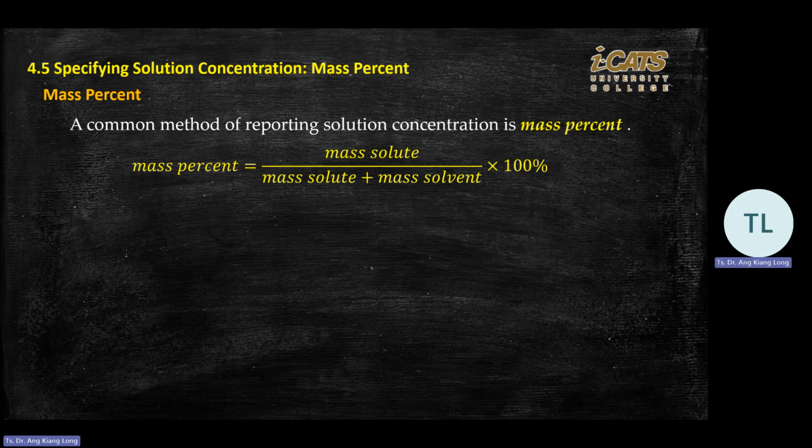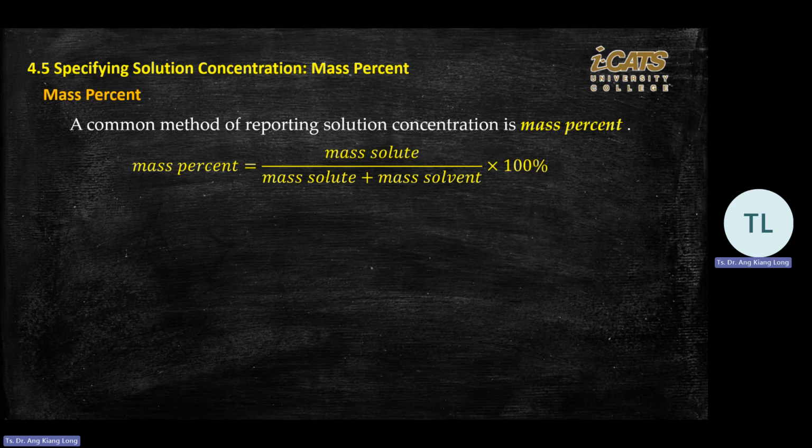Multiply by 100%. For example, we take 36 grams of NaCl and 100 grams of water, as just now, to form a saturated solution of water and NaCl. If you use this solution, what is the mass percentage of the saturated solution for salt, NaCl, and water?